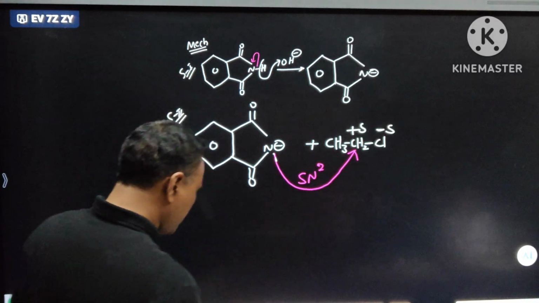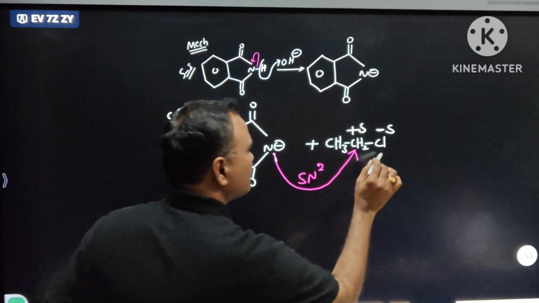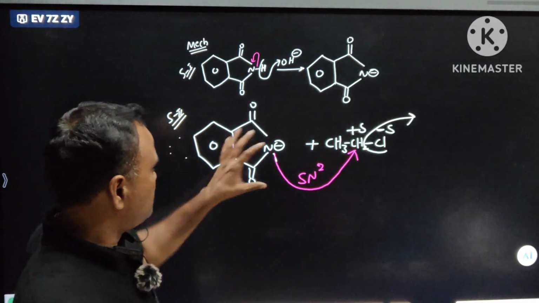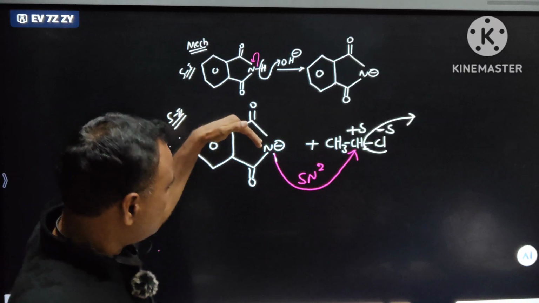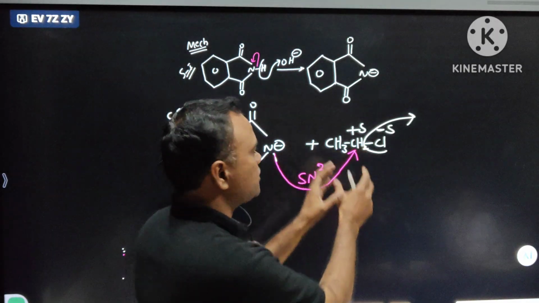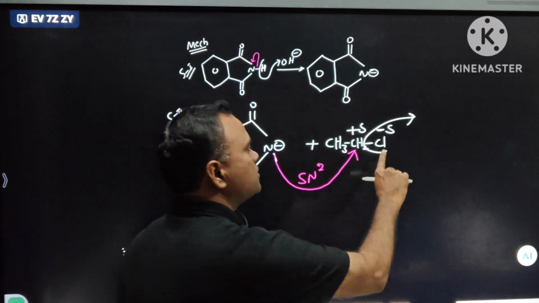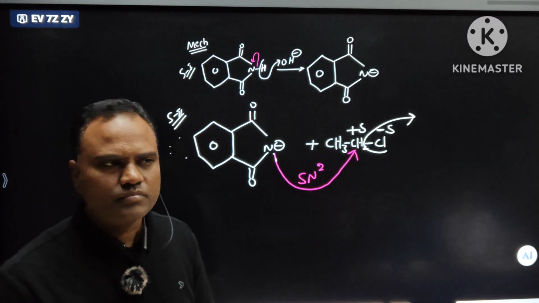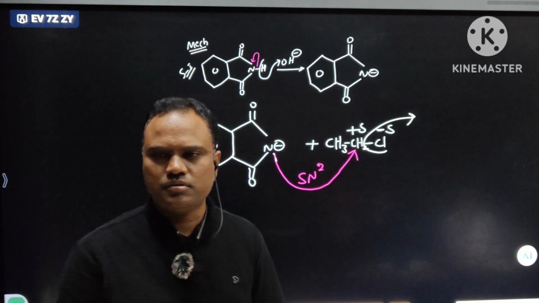Then Cl will leave like this. This total ring attaches to carbon. At that time, Cl leaves, in the SN2 path.